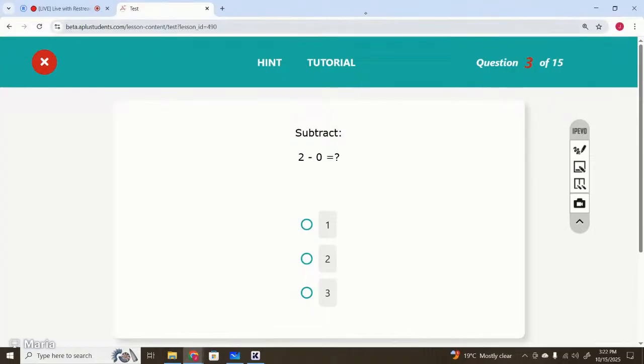2 take away 0 is 2. Option number 2 is the correct option. 6 take away 0 is 6.